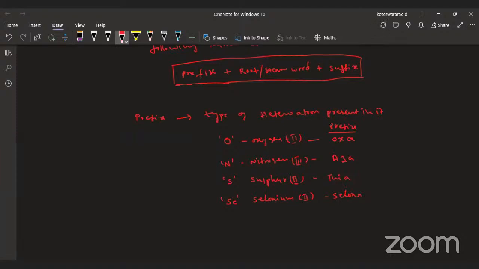We also use tellurium, Te. Here the valence is 2, and the prefix is tellura.